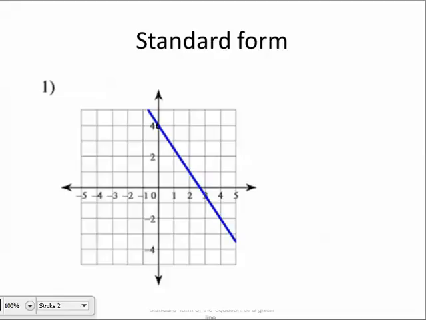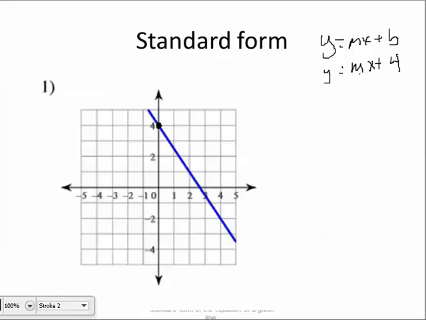What is this point right here? That's the b, right? I remember that one because if we look at y equals mx plus b, that point right there would be the b. That'd be a 4. I can stick that in there. mx plus 4 is equal to y.